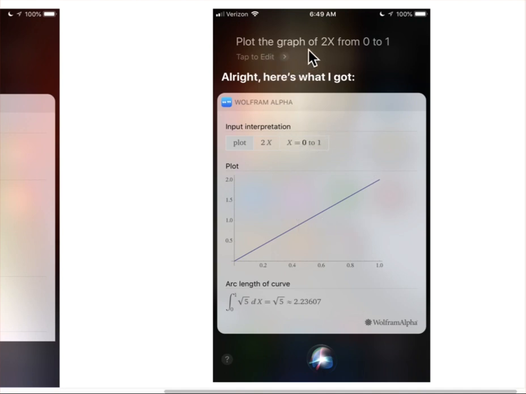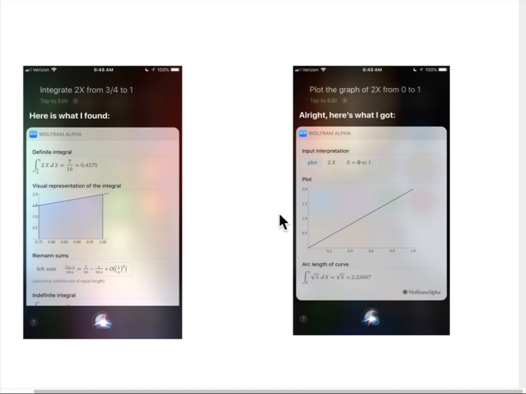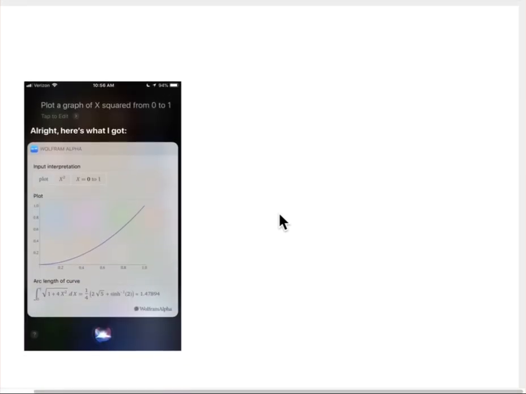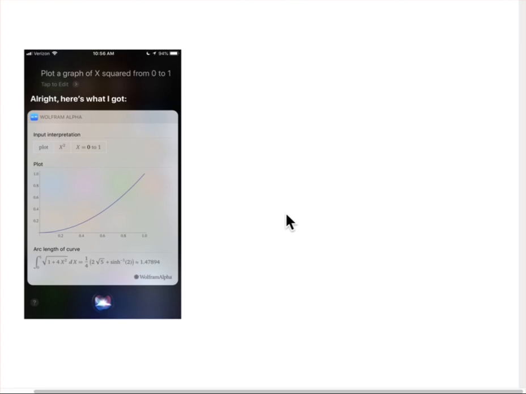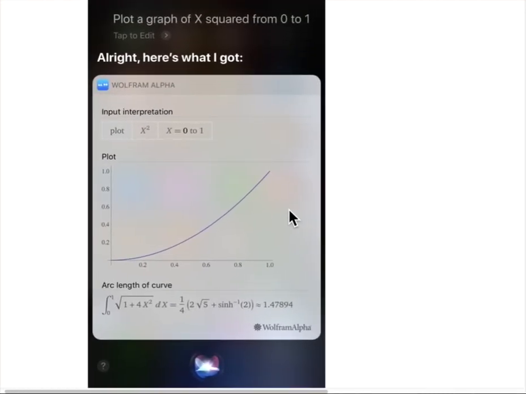Here I'm asking Siri to plot the graph of 2x from 0 to 1. And so I get this nice graph. It also gives me some additional information down here that I'm not really interested in for this course, but that is very interesting. Here I'm asking Siri to plot the CDF, which is x squared from 0 to 1.